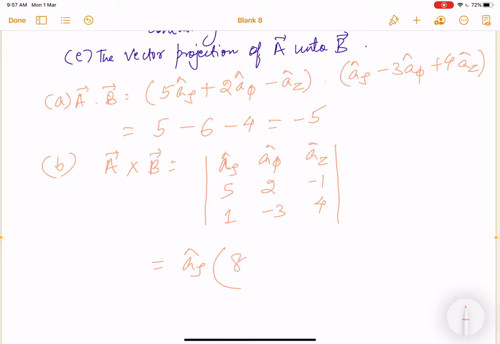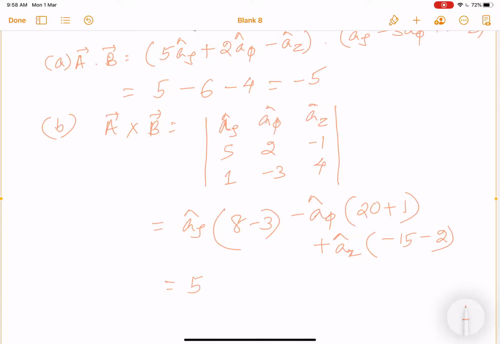This one will be 8 minus 3, then for a_phi, 20 minus of minus 1, then a_z, minus 15 minus 2. So 5 a_rho minus 21 a_phi minus 17 a_z. This is the cross product that I'm getting.